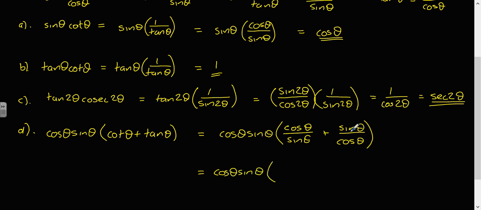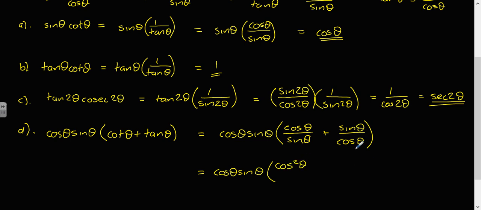I'm going to try and combine these into a single fraction. So my single fraction would have the common denominator, sine theta cos theta. When we do algebraic fractions, we multiply the denominators together in order to give us our common denominator. But we have to multiply the numerators accordingly. So if we multiply sine theta by cos theta, we have to multiply cos theta by cos theta, giving us cos squared theta.